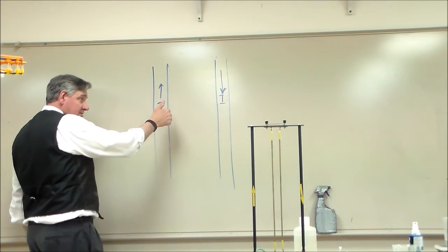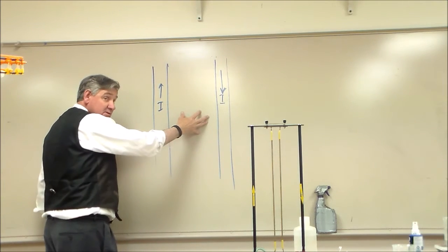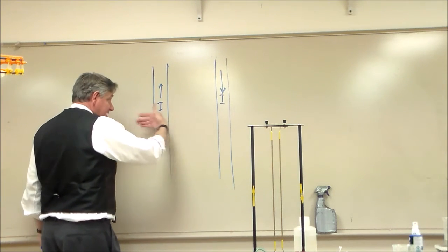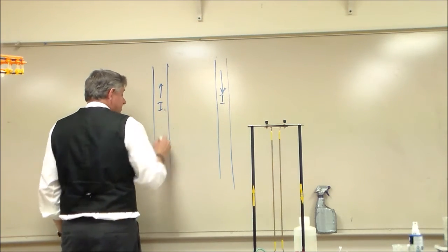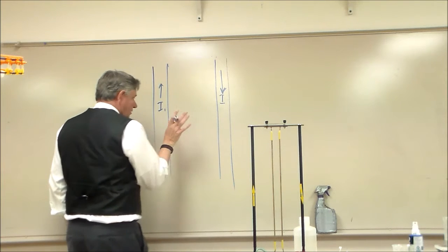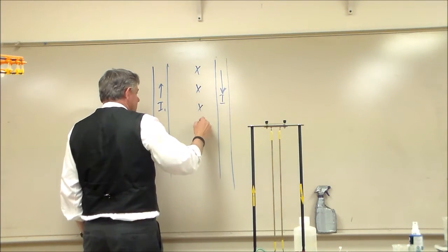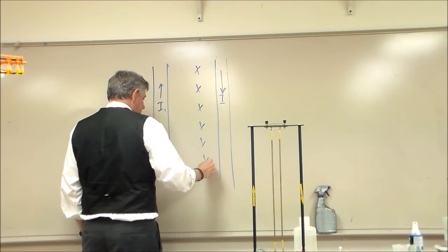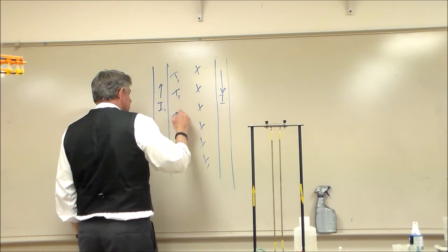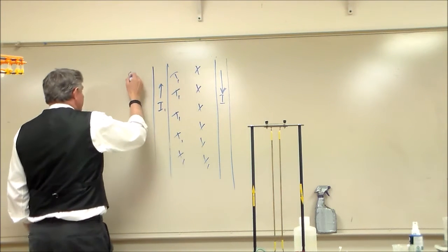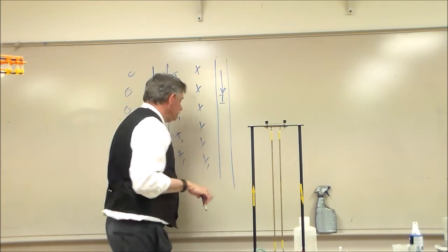Current's going up, so it's going to be going into the page on that side, and it's going to be coming out over here. So we're going to call this current number 1, okay? On this side, we're going to put X1s, and over here I'm going to have dots.